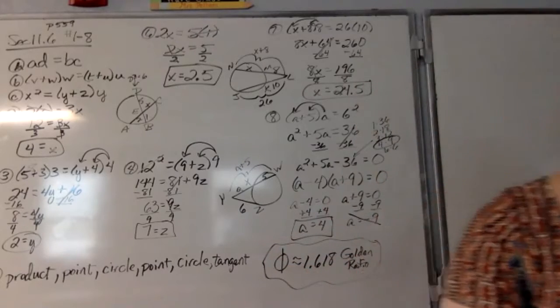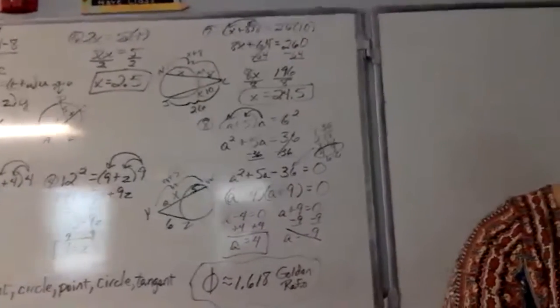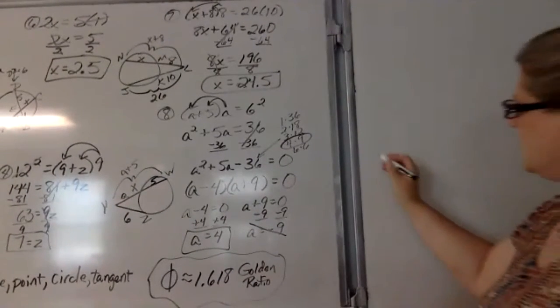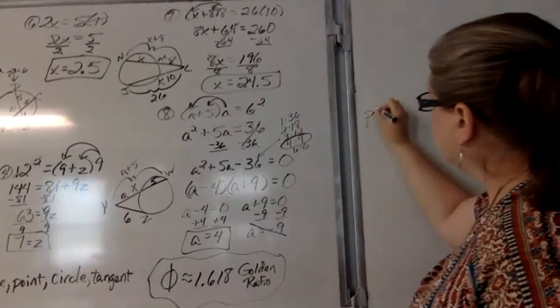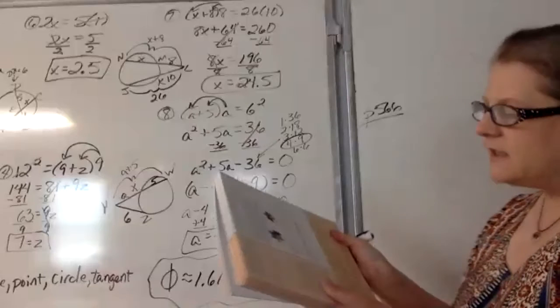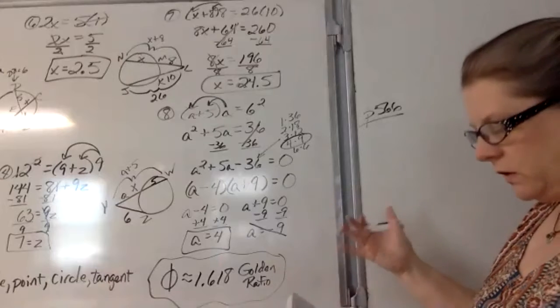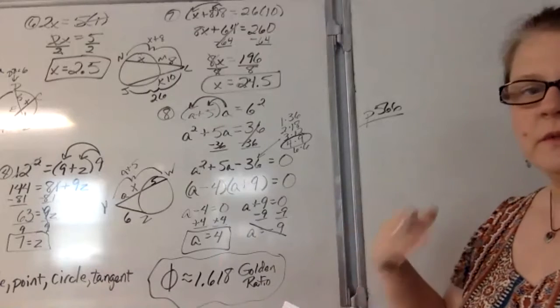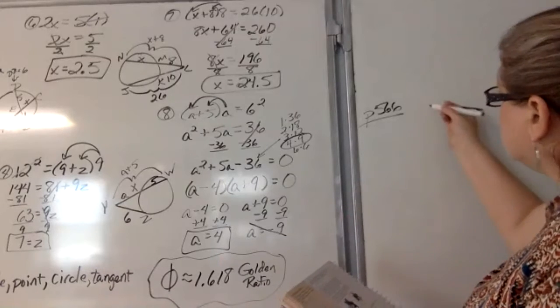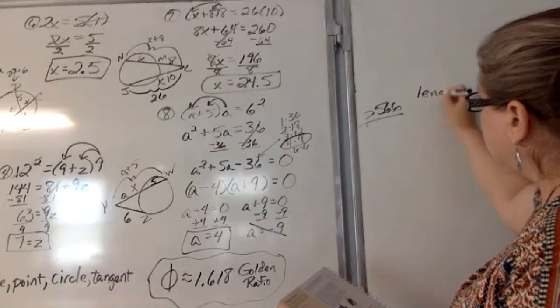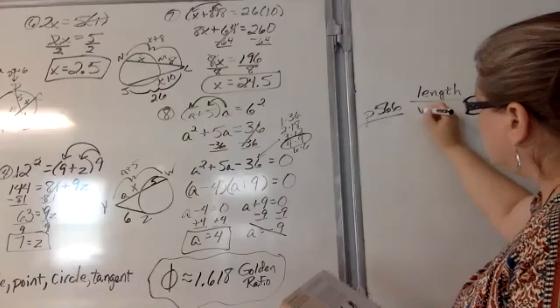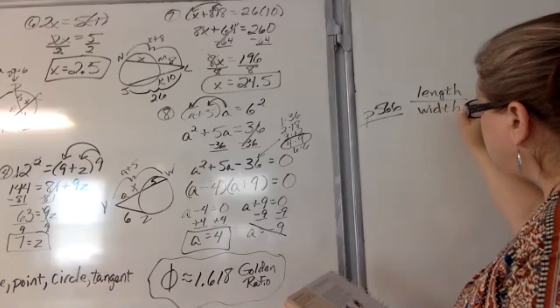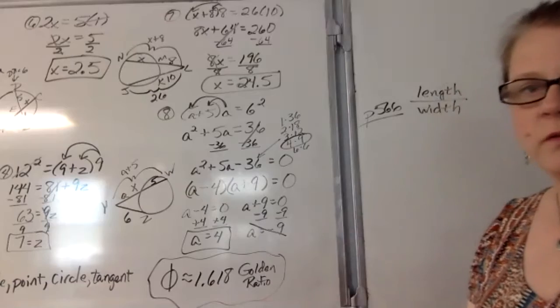So if you look on page 566, we're going to do them right here, because these are hardly any work at all. It gives us 3 rectangles, and we're going to see if they're golden rectangles or not. To see if they're golden rectangles, we do the ratio of the length to the width. That's how we find if they're golden ratio.